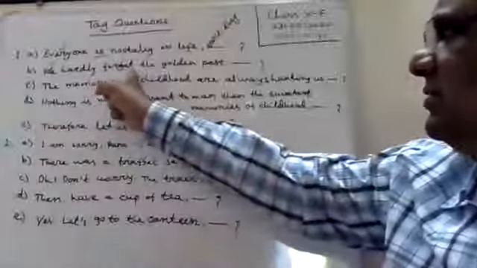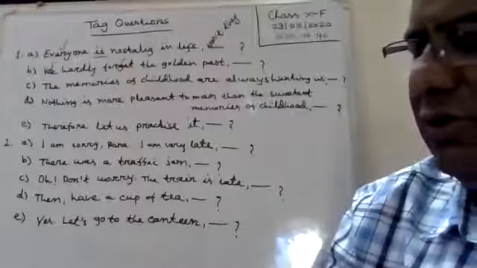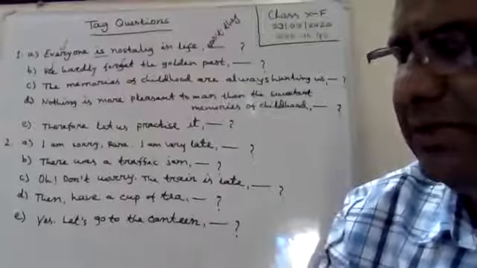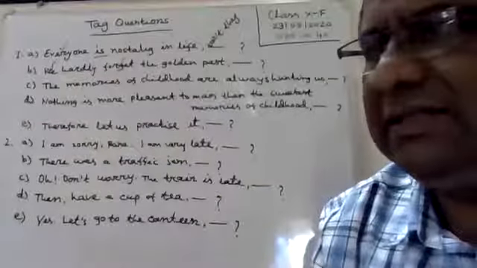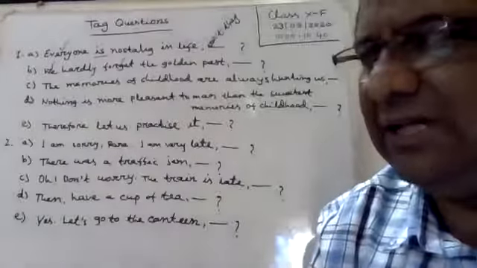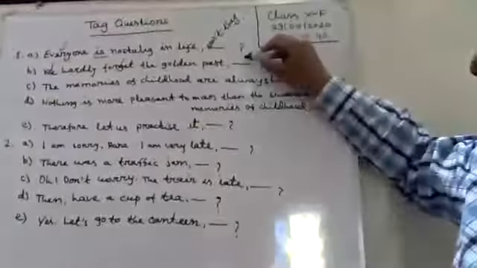We forget. Don't we forget? Or we do not forget. That means auxiliary verb is do. So we hardly forget. Again, the word hardly is representing the negative sense. So we hardly forget. That means do.